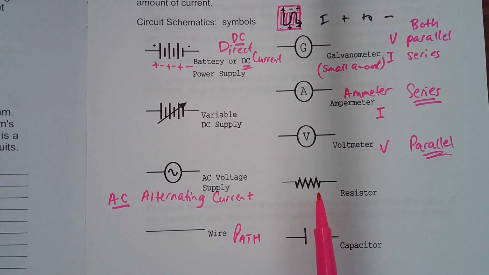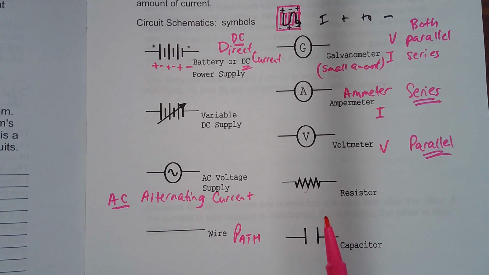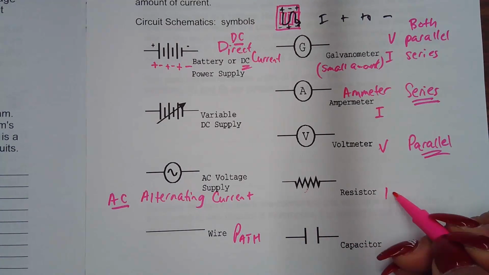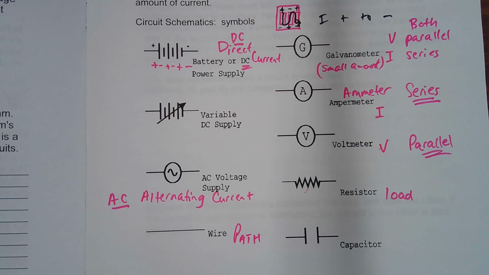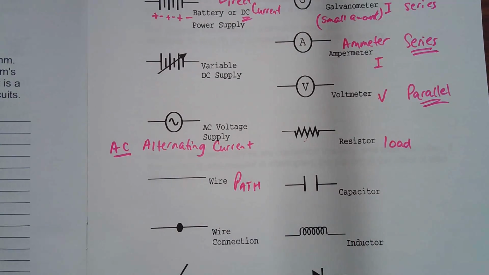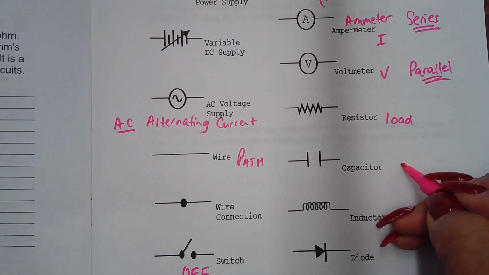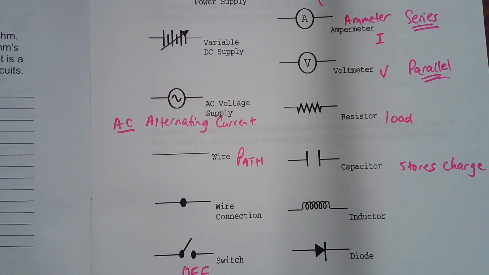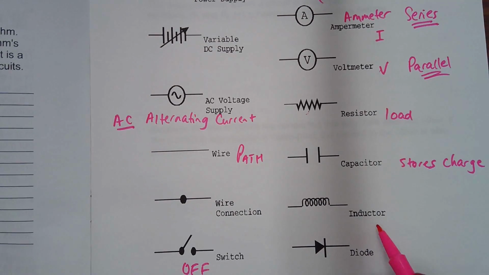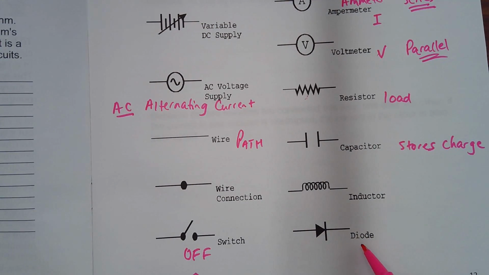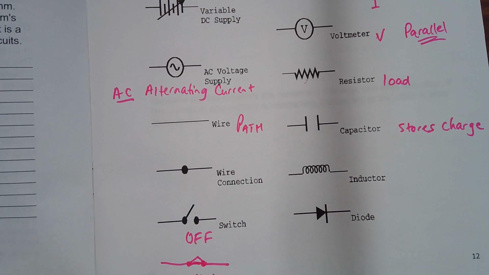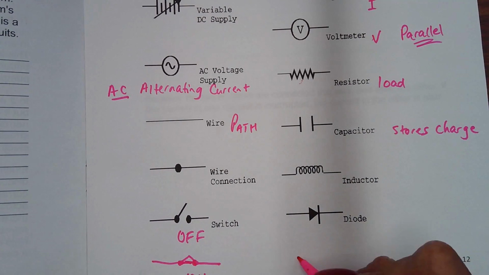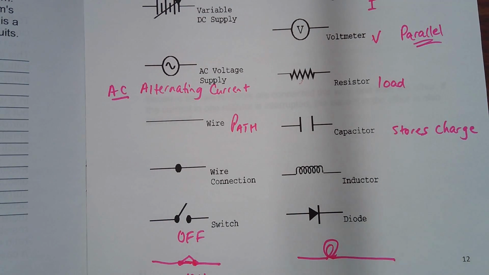And this is what I call the monster fangs. You see that? They actually do look like vampire fangs, don't they? I call it monster fangs. They are the resistor. Okay, these are the load. Capacitor, okay, it stores charge, which is very handy. Here's an inductor, and this would be a diode. I'm gonna add one more thing here, something like that.